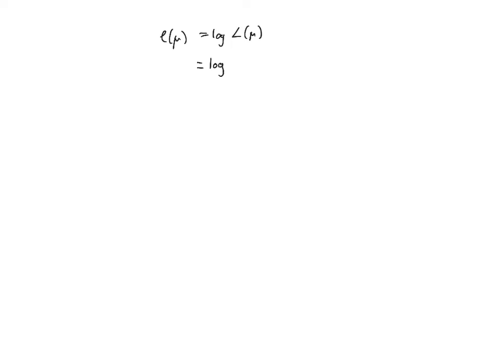So that's the log, and let's write down the expression for the likelihood function that we found before. That's 2 pi sigma squared to the minus n over 2, times the exponential of minus the sum i equals 1 to n of (yi minus mu) squared over 2 sigma squared.